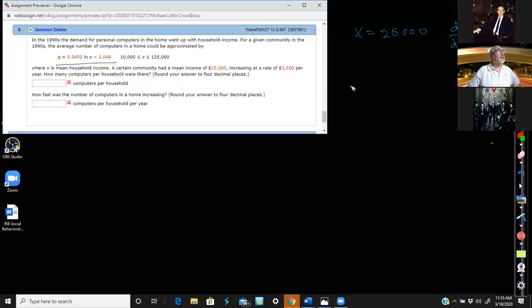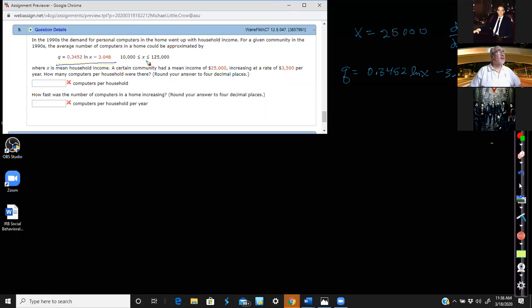We're given this formula where quantity equals 0.3452 natural log of x minus 3.048. Okay.